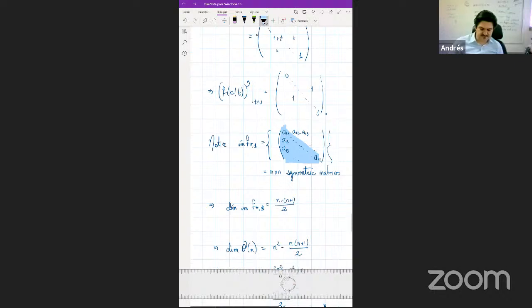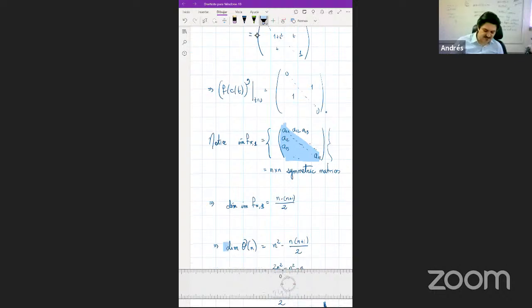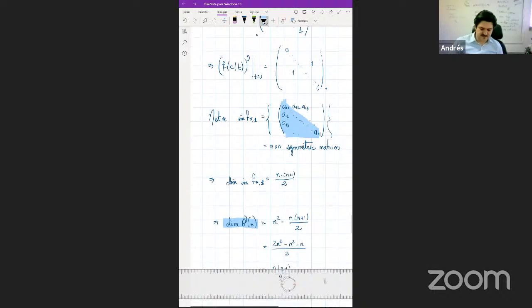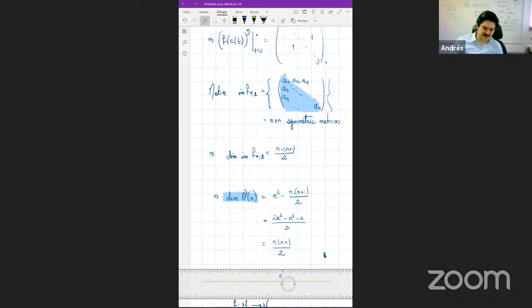Hence, the dimension is the dimension of the space minus the rank. And this is the answer. So that's the dimension of ON.